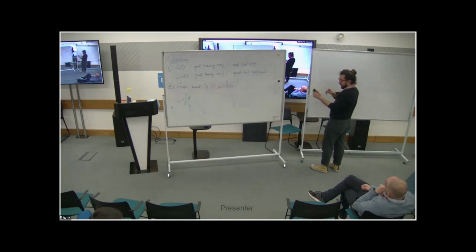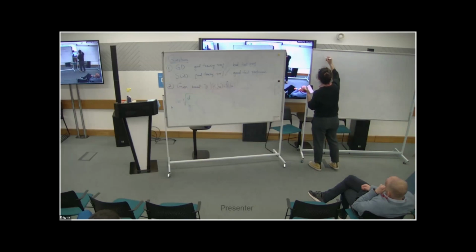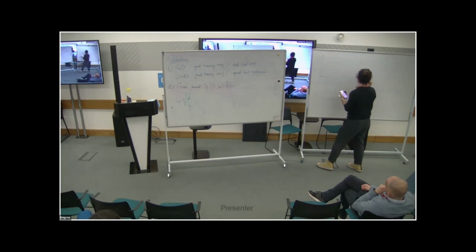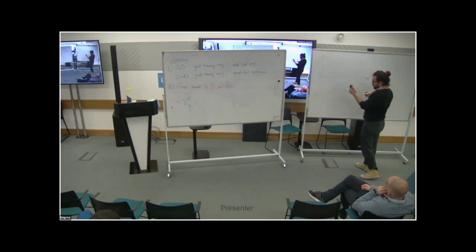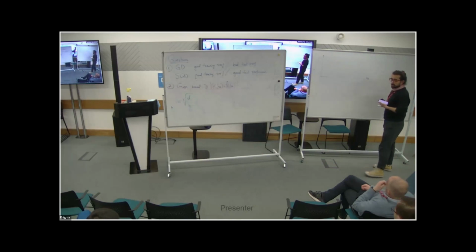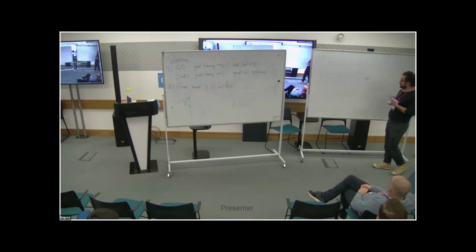I'm going to sketch this, but this is a real plot from the paper. I have to give you the reference. So in this paper, they wanted to see how the training and test error behaves as they increase the number of parameters in a specific neural network.